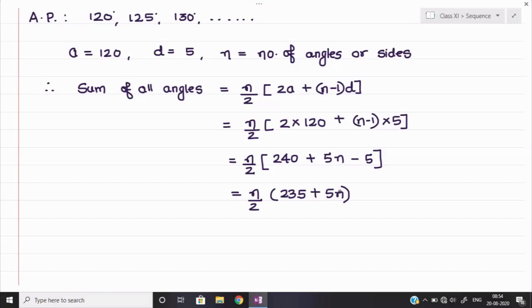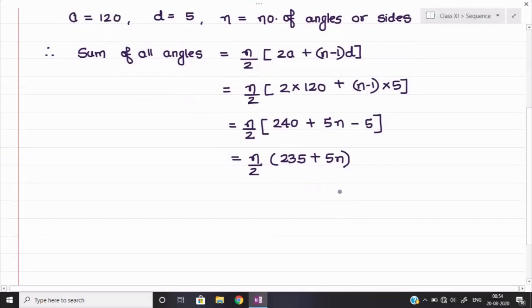That formula we have studied in our lower classes. The sum of all angles of a polygon is always equal to 180 degrees multiplied by n minus 2, where n is the number of angles or number of sides.